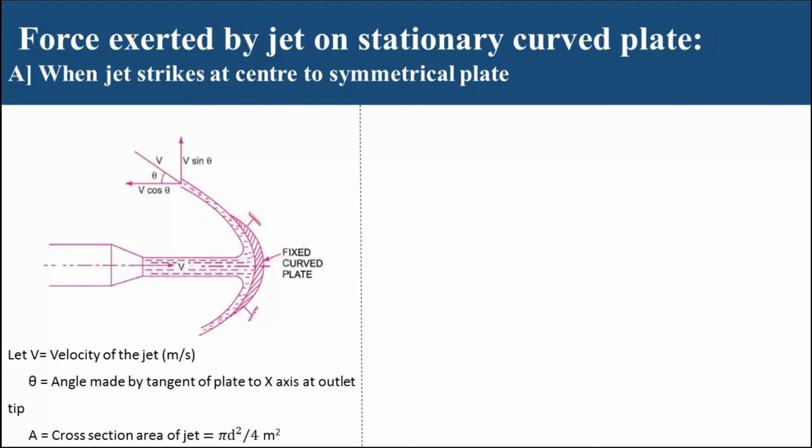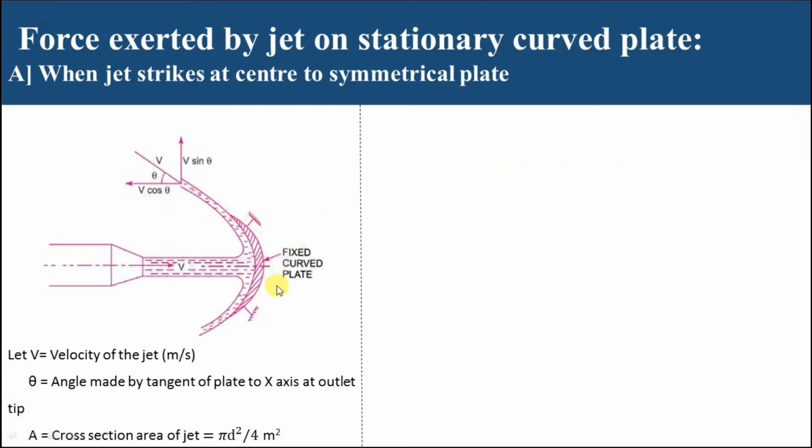Okay, now see, this is a case of a symmetrical plate. That means if you draw the tangents from both the outlet tips, this is the outlet tip on the above side, this is the outlet tip on the below side, so they are going to make an angle theta.